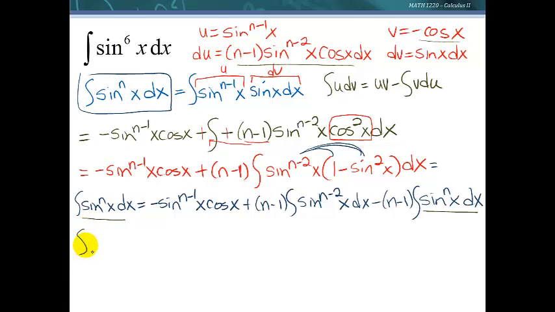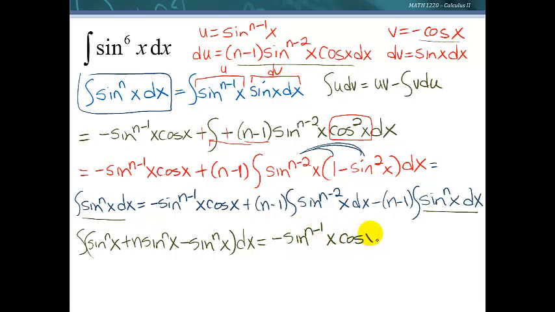So if I have them over here under the same integral, I have the sine to the n x, and then if I move this over, I'm going to have plus n minus 1 sine to the n x, and this one would be a plus, which moved over to make minus sine to the n x, and all of this is dx, and that will equal my negative sine to the n minus 1 x cosine x plus n minus 1 integral of sine to the n minus 2 x dx.